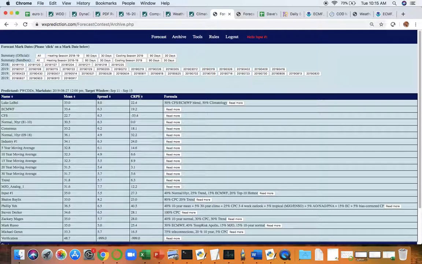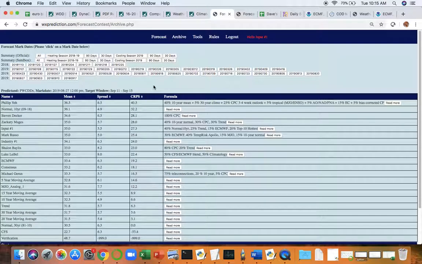So going back to August 27th, sorting it, I can see here again the normal 10-year has done very well. Philip Yeh, one of the Rutgers students, performed the best, and he's also been one of the best performers just over the long term. You can see near the bottom the CFS and the ECMWF in the middle.